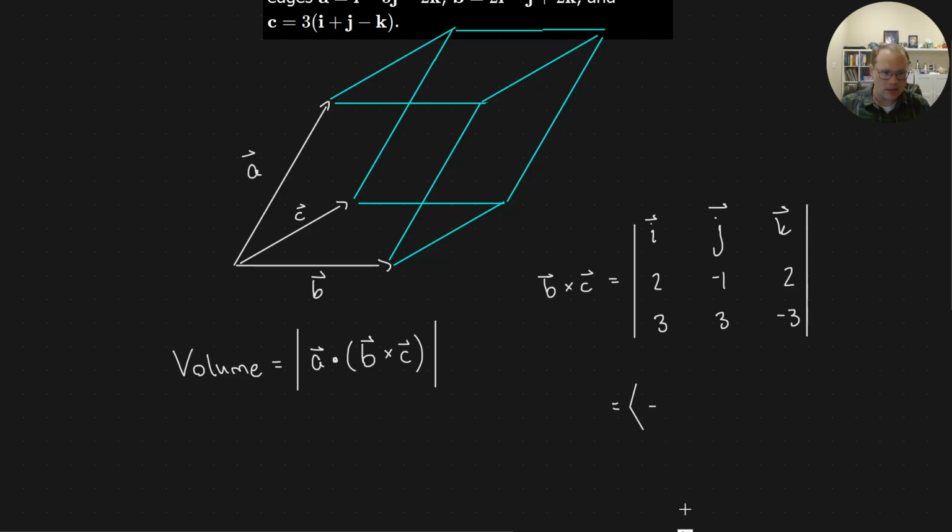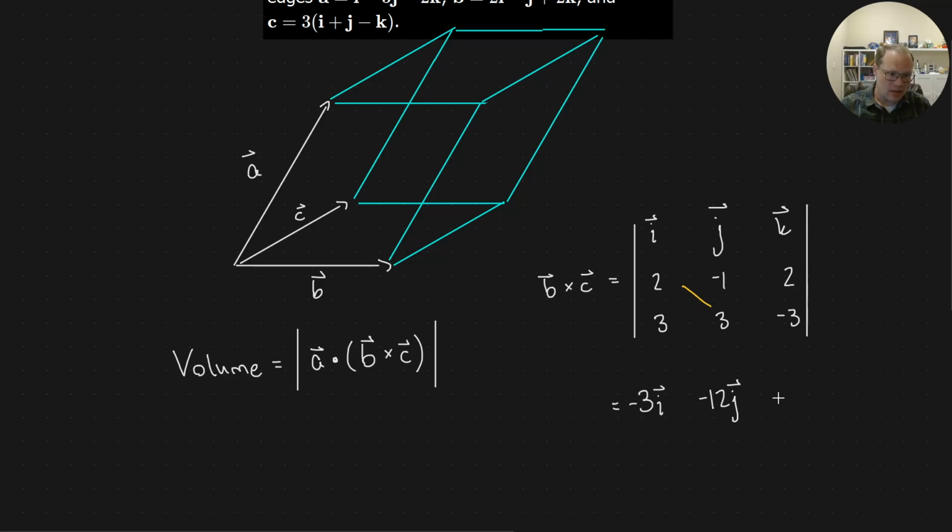Okay, in fact, let's be consistent. The rest of the problem is using i, j, and k, so negative 3i. For j, I get negative 6 minus 6, so that's negative 12. Negative 12j. And then for k, 6 minus negative 3.